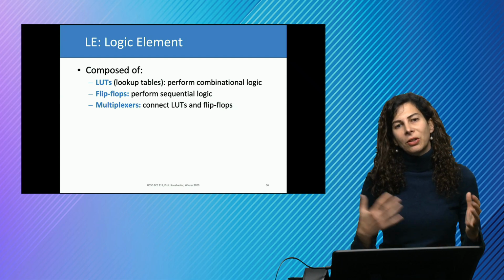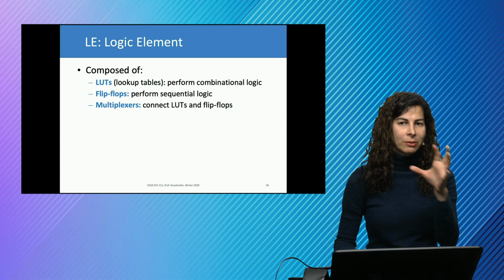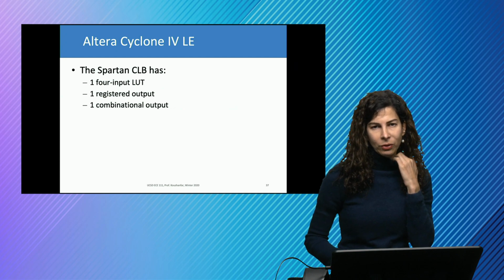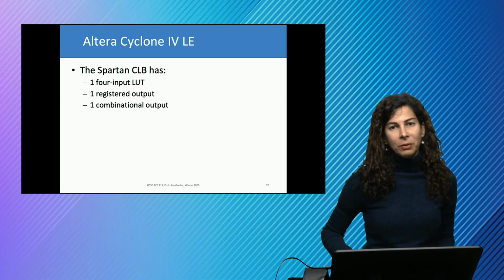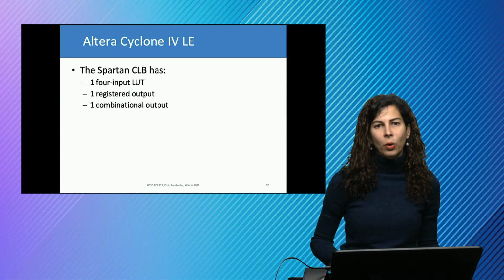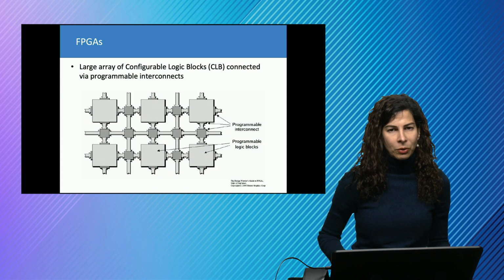The multiplexers are the ones I just showed earlier. They connect LUTs, the lookup tables, and flip-flops to make the different types of logic for us. One of the most basic Altera Cyclone devices has one 4-input LUT, a 1-bit output, and one combinational output.